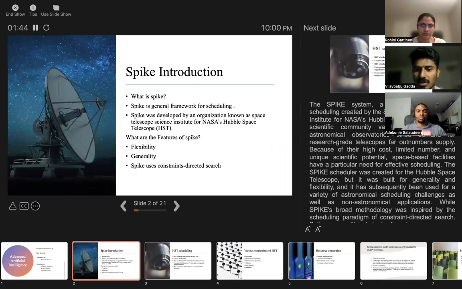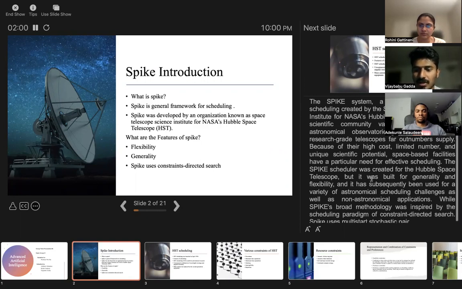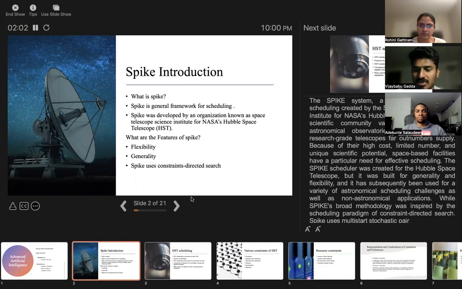The Spike scheduler was created for the Hubble Space Telescope, but it was built for generality and flexibility, and it has subsequently been used for a variety of astronomical scheduling challenges as well as non-astronomical applications. While Spike's broad methodology was inspired by the scheduling paradigm of constraint-directed search, Spike uses multi-start stochastic repair.